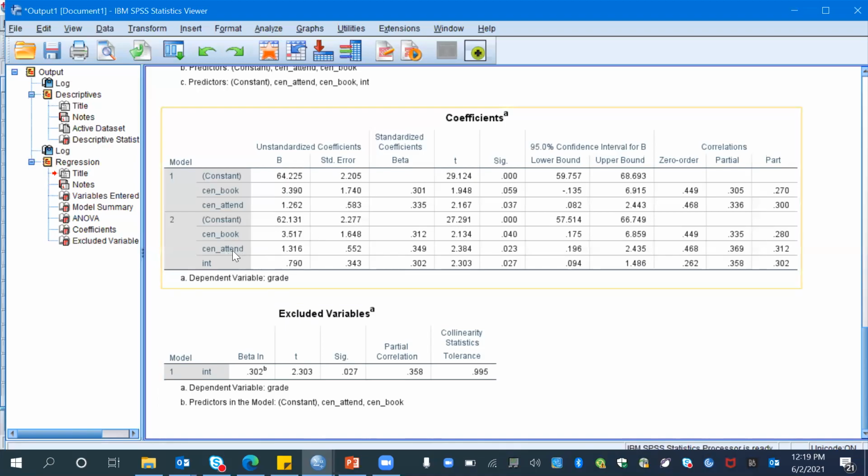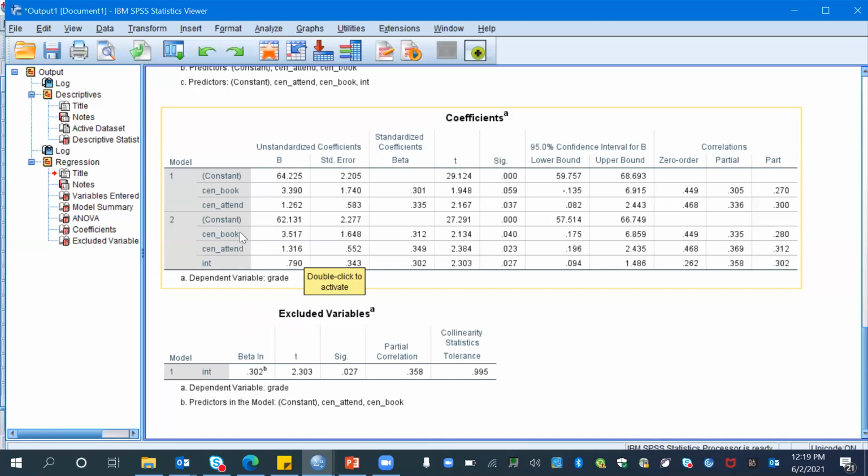So at mean values of attendance, we know that the slope for the relationship between books read and grades is 3.52. At mean values of books, we know that the slope for the relationship between attendance and grades is 1.32.